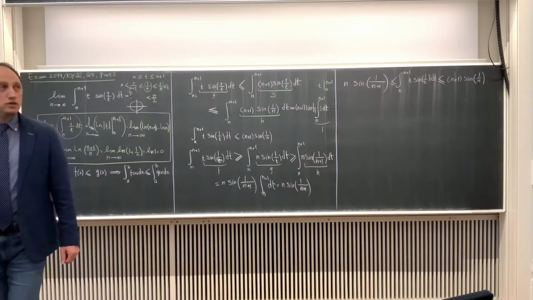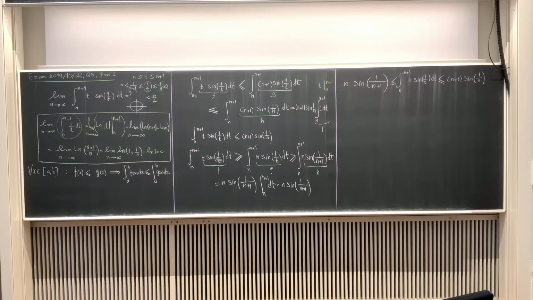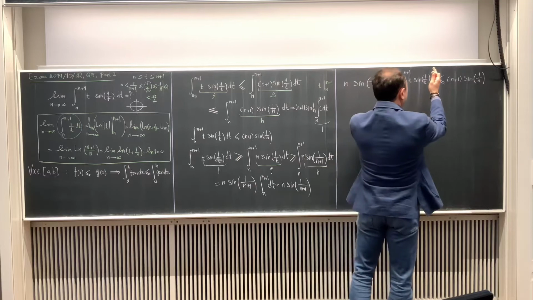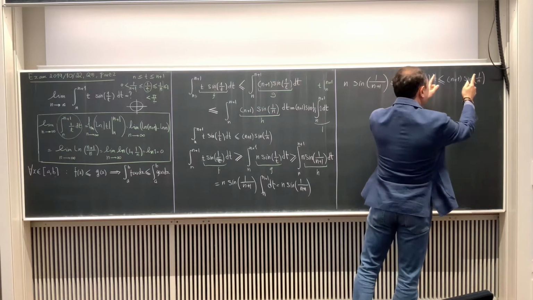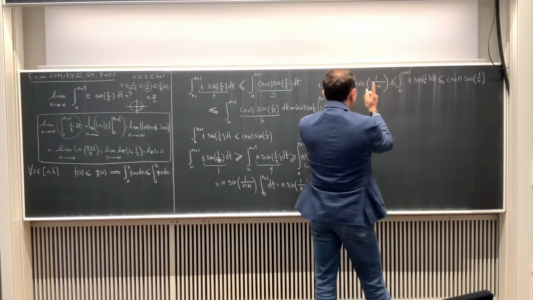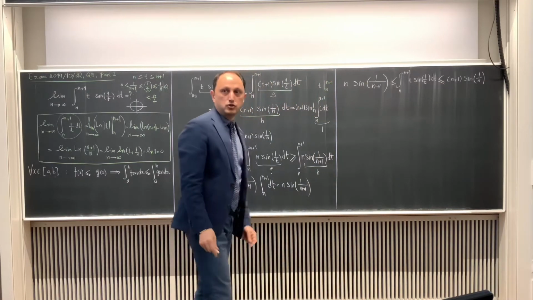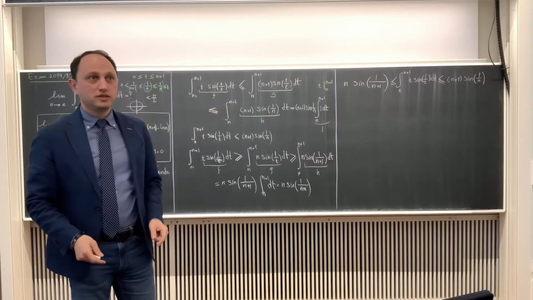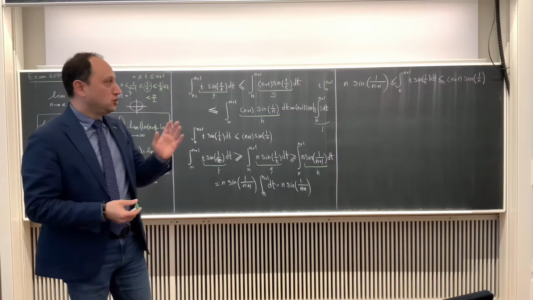I was not able to calculate that integral, but I was able to show that whatever this number is, definitely it is smaller than that number, and definitely it is larger than this number. So that sequence is now squeezed between two sequences. And of course, that is the annoying part.